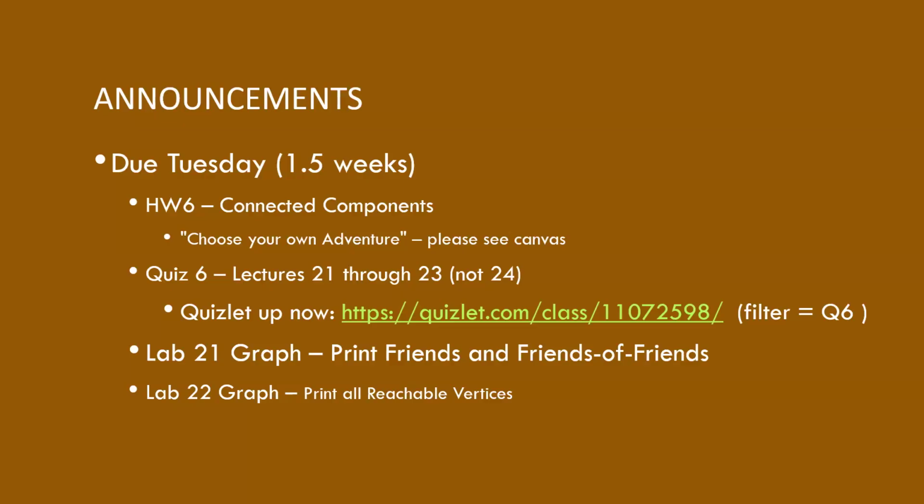So now some of you got onto your Print Friends of Friends lab. This is a really formative lab to get to know the graph class. You will continue to be working with the graph class. So you want to do lab 21 and you're going to want to do lab 22 today. So lab 22 is like print all of my friends, right?